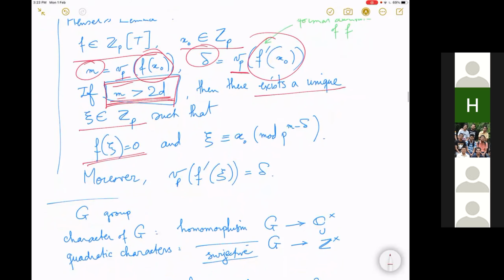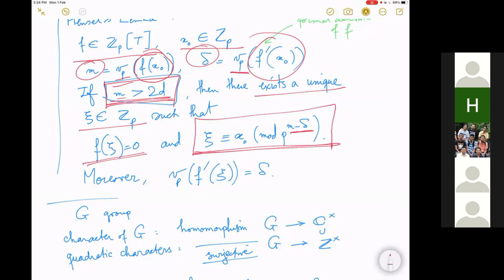But if you impose this condition that psi should be congruent to x0 modulo p to the m minus delta, then this psi is unique. There's a unique root psi of f in Z_p, which is congruent to the given x0 modulo p to the m minus delta, right?